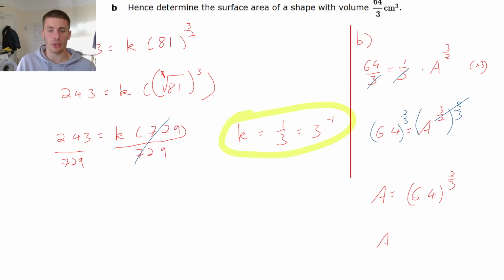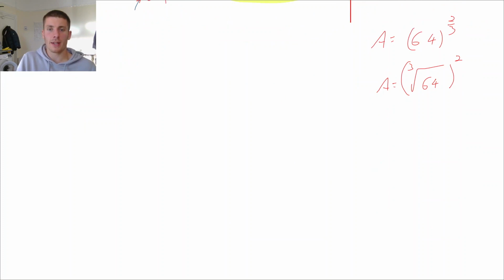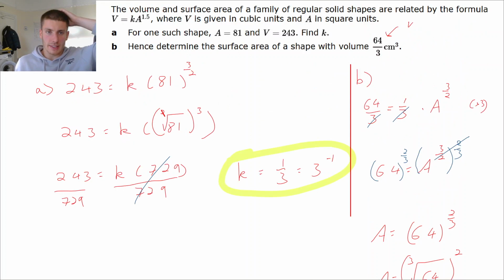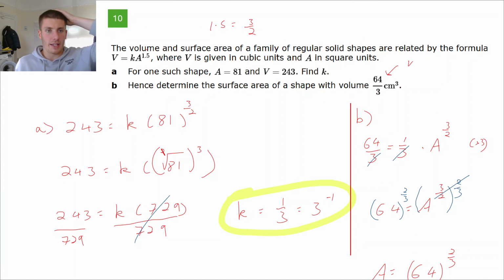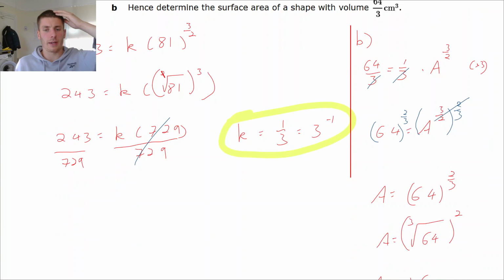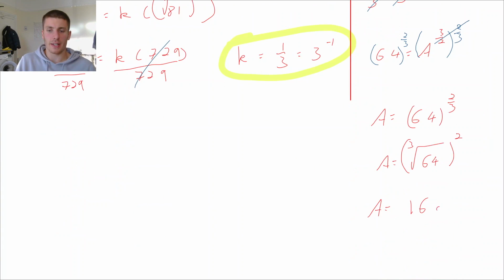That's going to be equal to the cube root of 64, then we're putting it to the power of 2. The fractional laws of indices. Cube root of 64 is 4. 4 squared is 16, so A is equal to 16, and the unit is going to be centimeters squared. So 16 cm squared is your answer there.